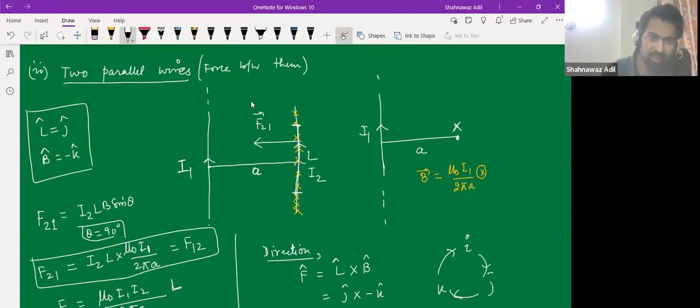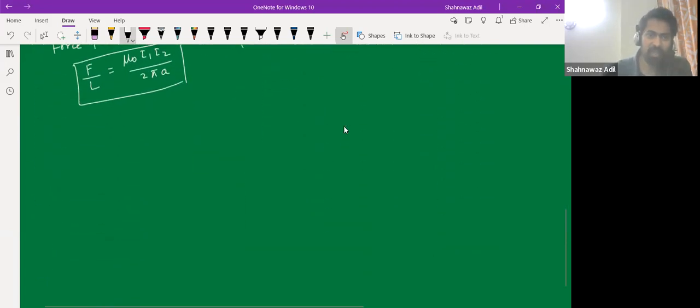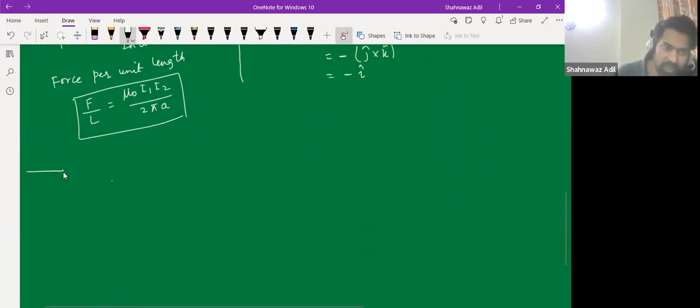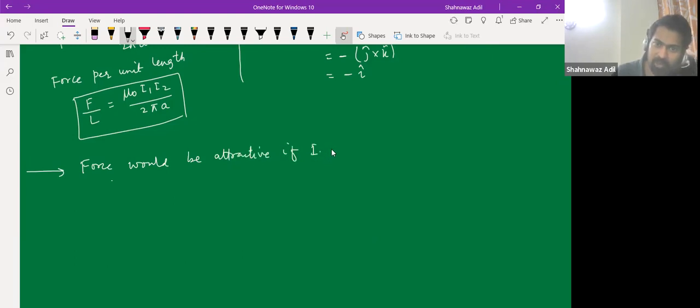So whenever these currents have the same direction, the force would be attractive if I1 and I2 have the same directions, and vice versa. If they are opposite, then that would be repulsive.